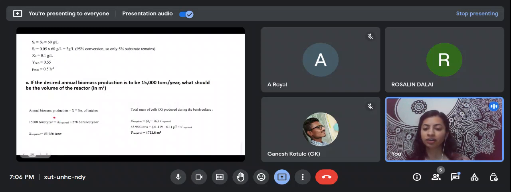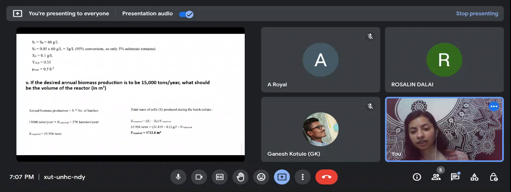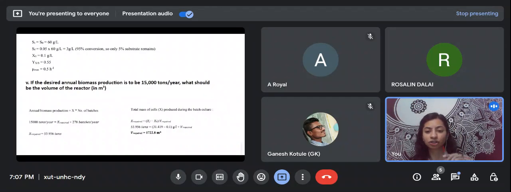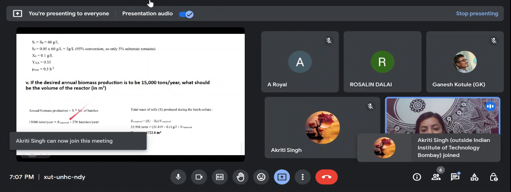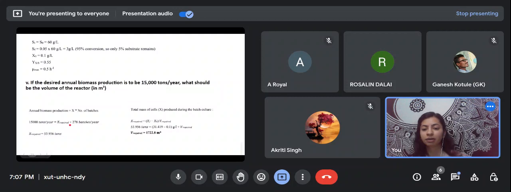The annual biomass production is the total amount of biomass produced per run times the number of batches, right? In this case, you know the annual biomass production is 15,000 tons per year, and you don't know X, the amount of biomass to be produced per run, since you don't know the volume, which is what we have to calculate.